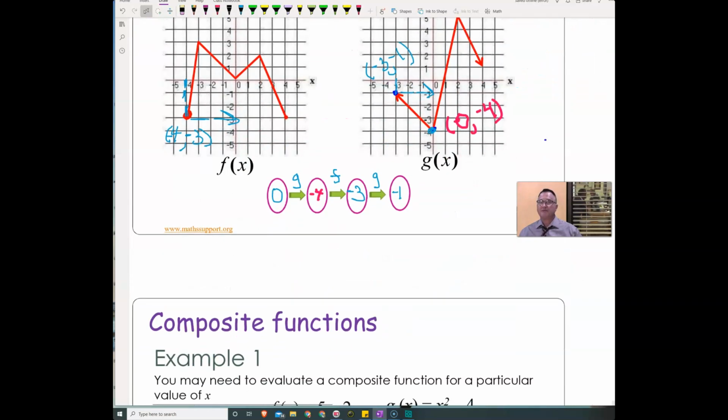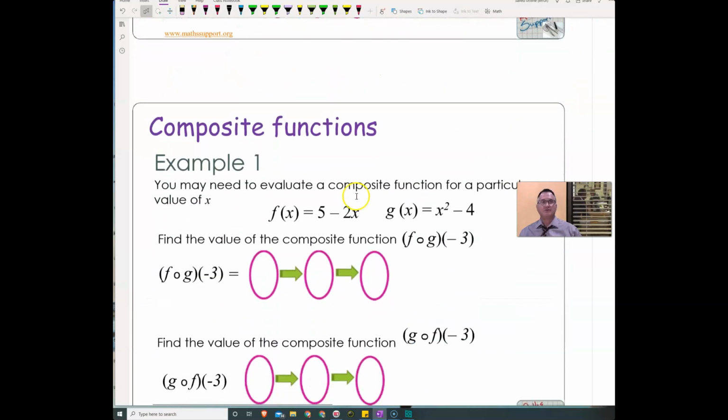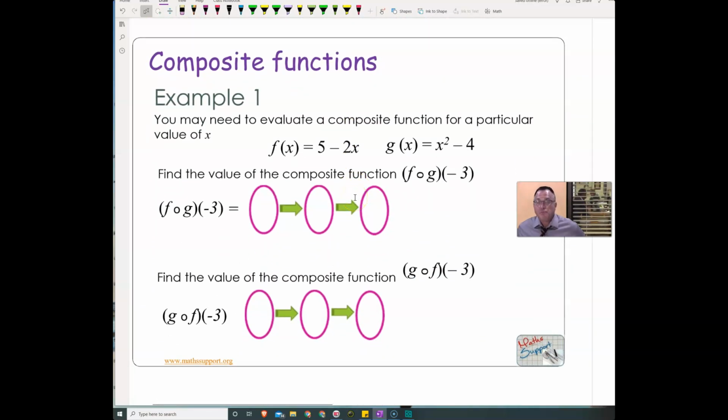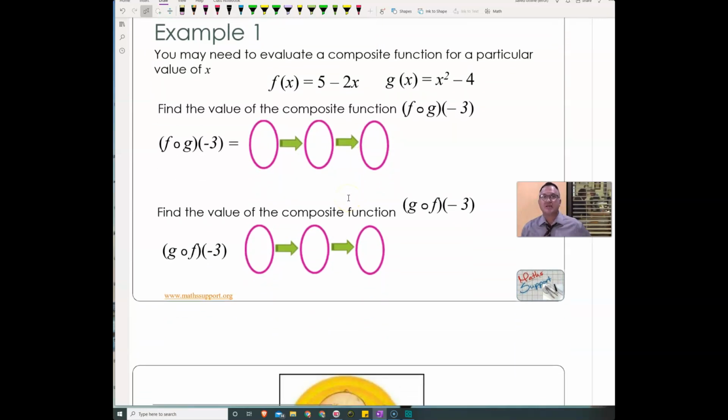All right, now if you have composites and their functions are written as expressions, we can use our same model. So we're going to do first g, this is f of g of negative 3. So negative 3 is our input. It's going to go into g, and then whatever that output is, it's going to go into f. So I'm going to first do g of negative 3.